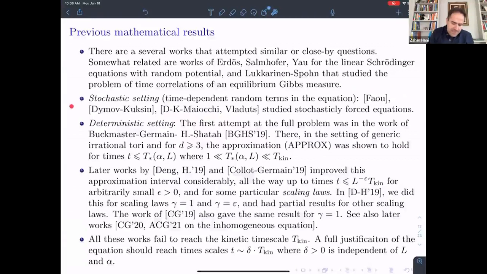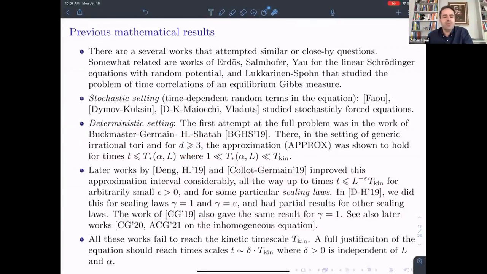Okay, but in the deterministic setting that I described, the first attempt at the full problem was in a joint work that we did quite a few years ago, even though it only appeared in 2019, with Tristan Buckmaster, Pierre Germain, and Zaher Hani. In that work, we put ourselves in the setting of the generic irrational torus, which was a technical assumption, and in dimensions d greater than or equal to 3.